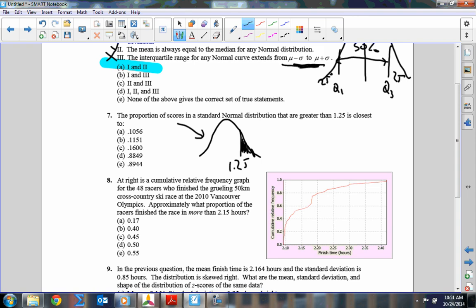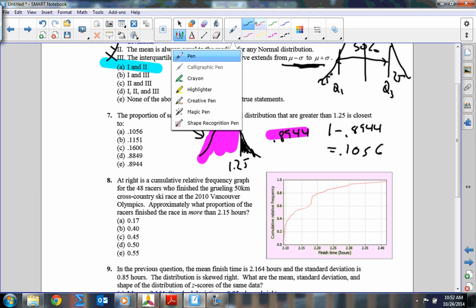So I am going to find that area using my calculator, which you can't see, that area is 0.8944. That would be represented, this part is here. But I want the black part, so I'll do 1 minus that. So let's see, that's going to be a 6, then a 5, then a 0, then a 1. And so that answer is A.